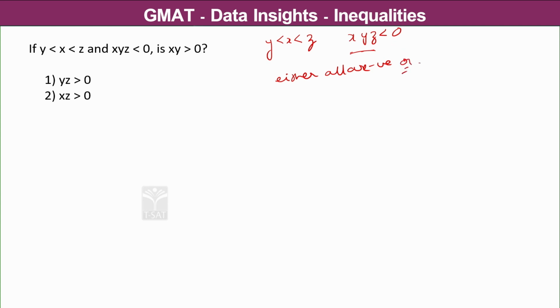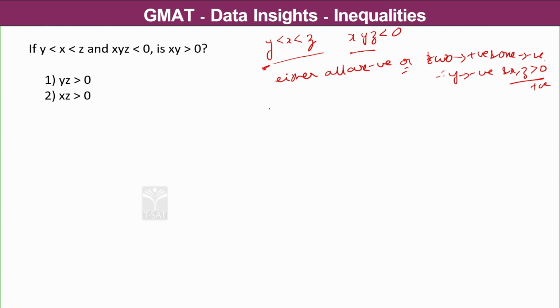Or two numbers have to be positive and one should be negative. So, that will be the least number out of these three numbers. Y is the least number, therefore, y should be negative, and the other two, x and z, should be positive, that is greater than 0.